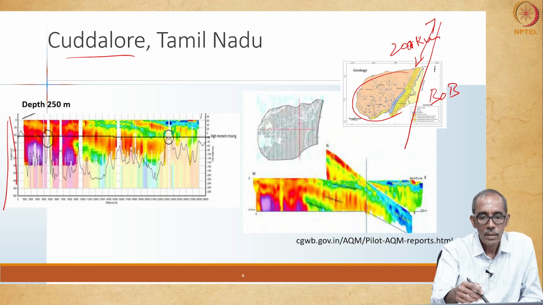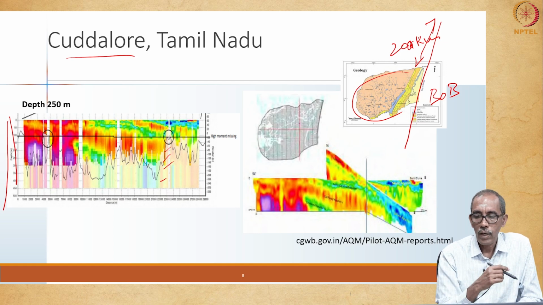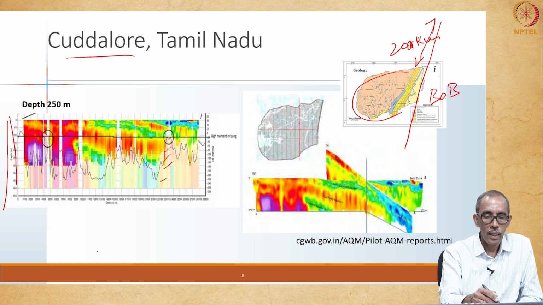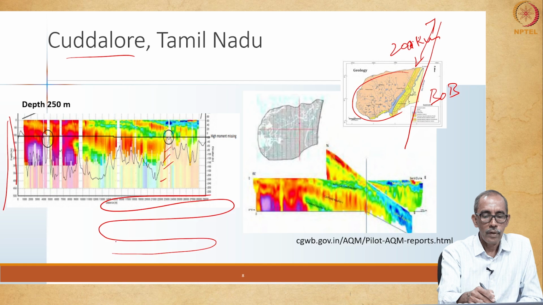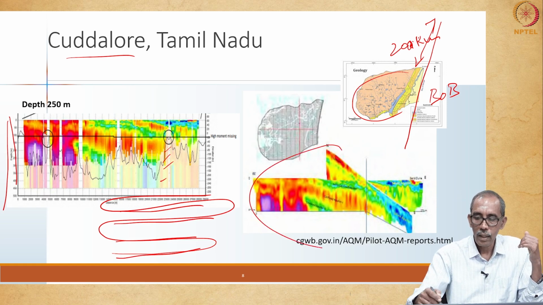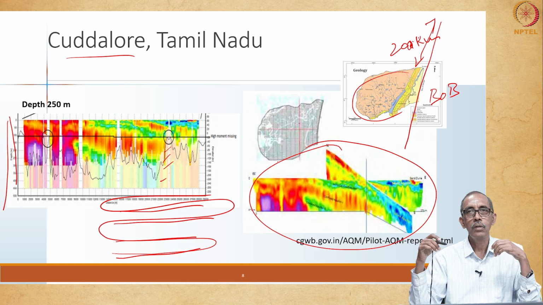There can be some missing data also, but reasonably the survey indicated the subsurface conditions. Since flying has been done in this manner, we have information along several profiles, and we may also be able to interpolate between the profiles, right. So, such cross-sectional diagrams are also shown here, right.